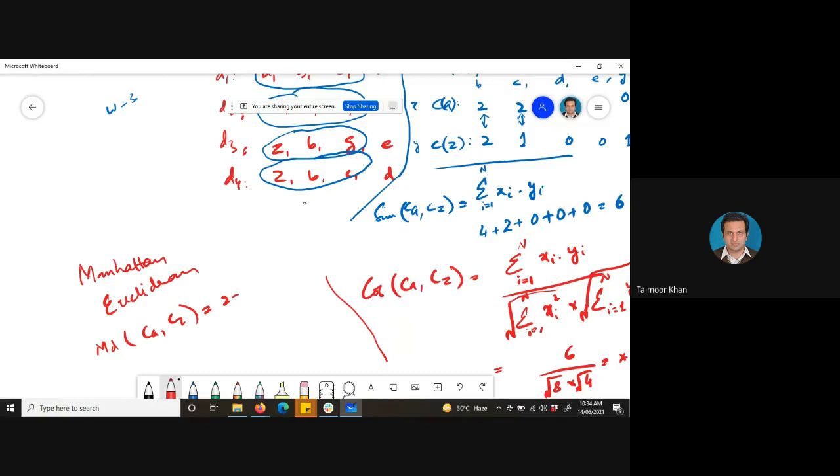two minus two plus 2 minus 1 plus 0 minus 0 plus 0 minus 0 plus 0 minus 1. So we have 2 plus 1 plus 1, which gives us a score of 4. So 4 is the distance between CA and C2.